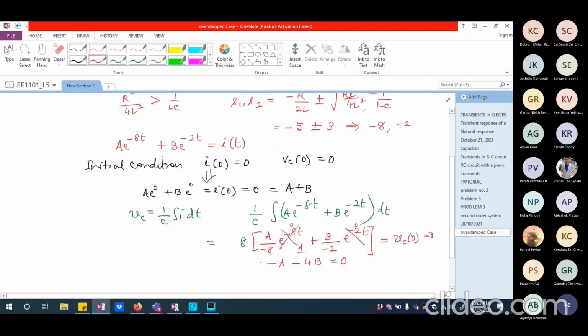This becomes 1. This will also be 1 at time t equal to 0. So this is 8 by 8, which is minus A, and 8 by 2, which is minus 4B. So this is minus A minus 4B equal to 0. So A plus 4B equal to 0, and A plus B is also equal to 0. Hi, what kind of solution are we getting?